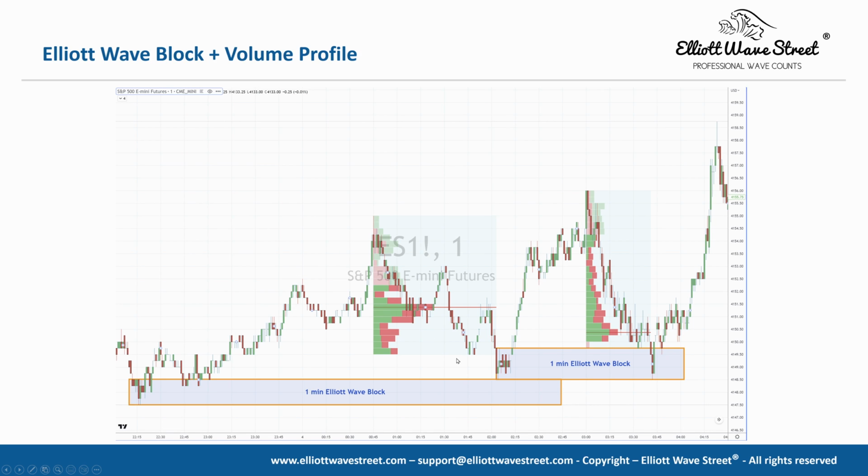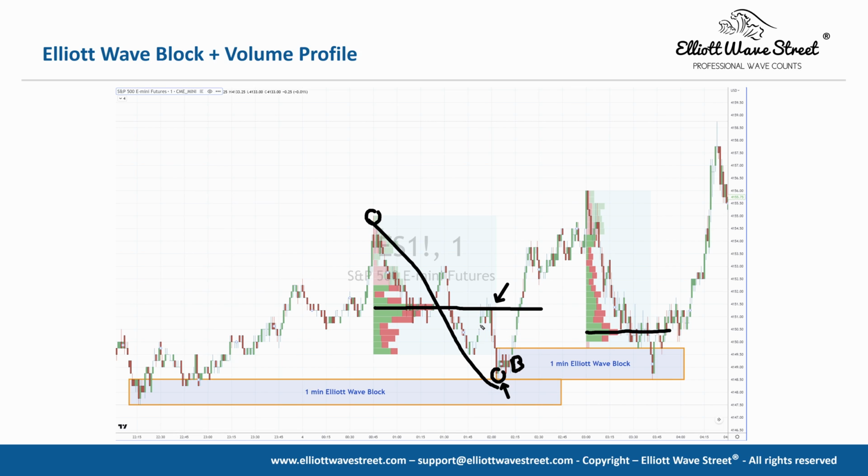Now let's add the profile into the narrative. So for the first trade, the one here, we are far from the fair price, from the point of control, and we are on a 1 minute chart. So I'm measuring the profile from the high to the low. And this is the fair price. I'm buying below the fair price. Second example, the fair price is closer to the price.